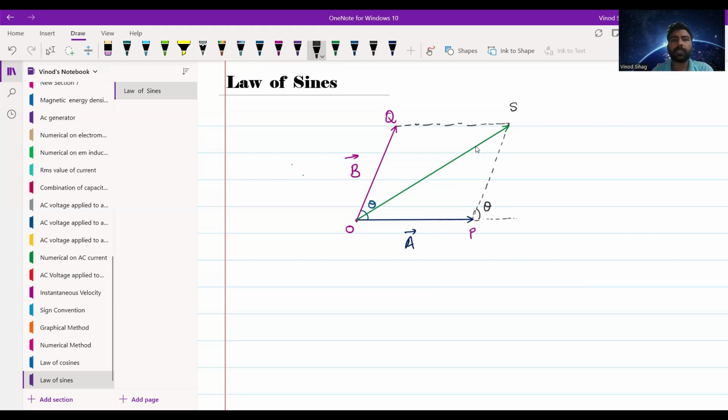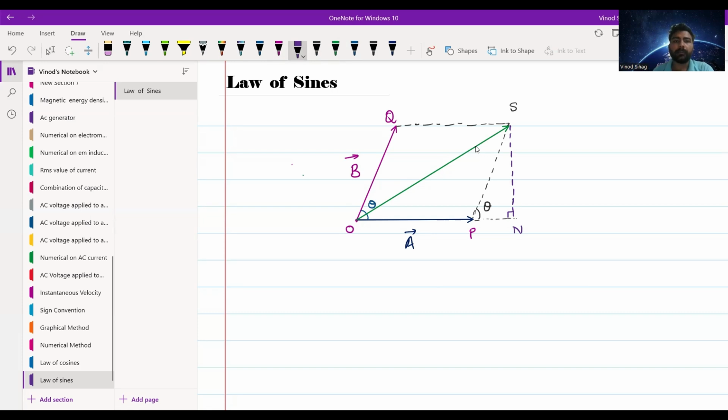Now we are going to draw a vertical from the point S to the horizontal vector. This is an angle of 90 degrees, and let's say the name of the point is N.